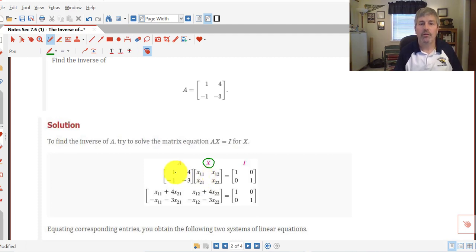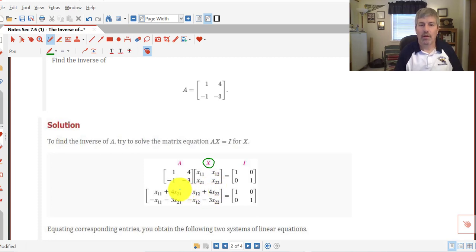And what we do is we simply follow that multiplication process again. 1 times x11 plus 4 times x21 would be our one spot in our new matrix. And then we would repeat that process. 1 times x12 plus 4 times x22 is going to be this next spot in that matrix.